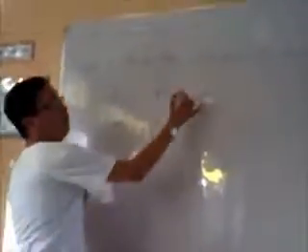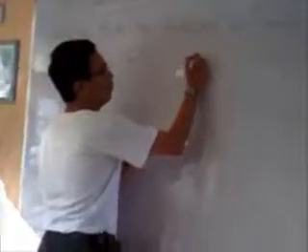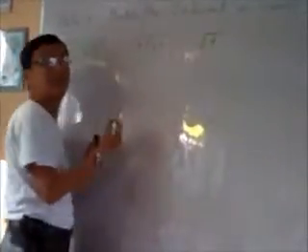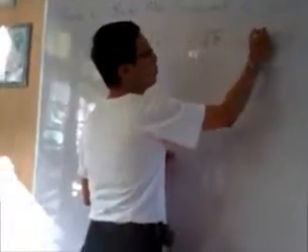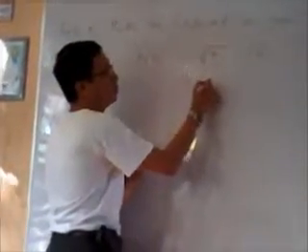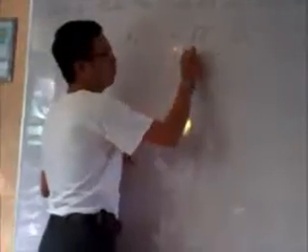What is 4 times 2? 8. Now, we can write this as square root of 4 times square root of 2, using the properties of radicals. We separated it. This is a property of radicals. But what is the square root of 4? 2. So we have 2 times square root of 2.